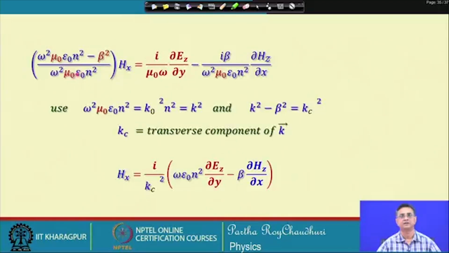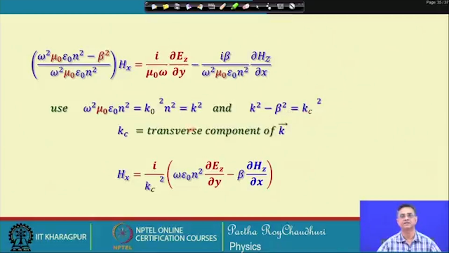Here, in this quantity epsilon mu naught n square, you can make out what it is: epsilon naught mu naught is equal to 1 by c square. So, omega square by c square is k 0 square into n square, that is equal to k square, and k square minus beta square we simply write here as k c square.